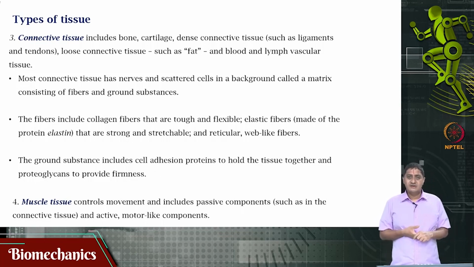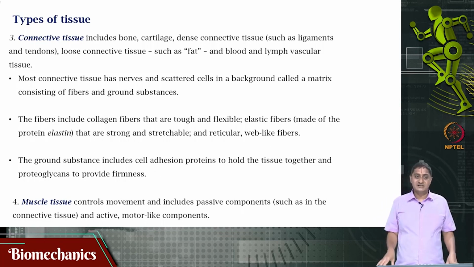Then you have muscles or muscle tissue. These are active tissues that control movement, and they also have some passive components like you find in the connective tissue, like you find in the tendon, ligament type of tissue, and active motor-like components.